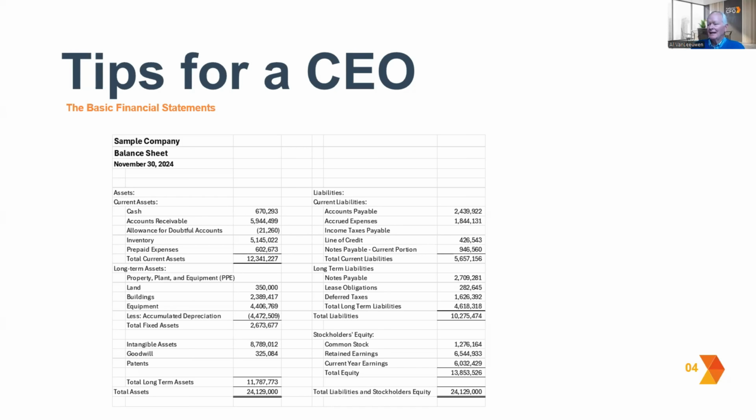One other quick item that I would point out on this balance sheet is retained earnings and current year earnings. If you look at this balance sheet, the retained earnings are 6.5 million. The current year earnings through November are $6 million. That means from January to November this year, this company has made almost as much money as it has in its past history.